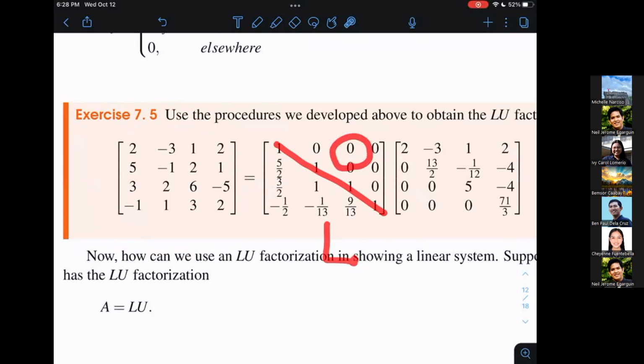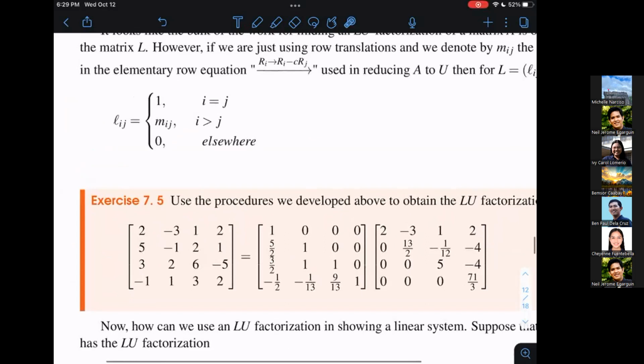Tapos zeros na siya elsewhere. Okay? Tapos, titingnan ko ngayon, ano yung mga entries dun sa lower triangle? Okay. So, sabi nitong remark na to, siya lamang yung negative ng kung ano yung pinang-multiply ko kay row J bago i-add yung multiple na yon kay row I.